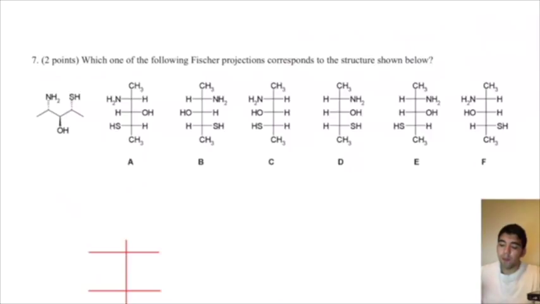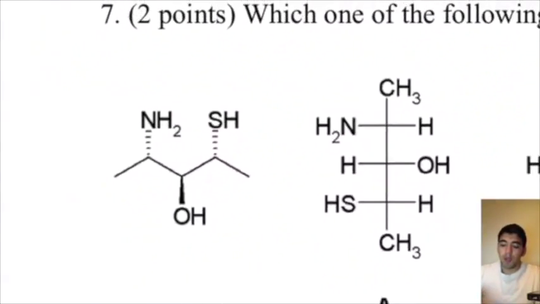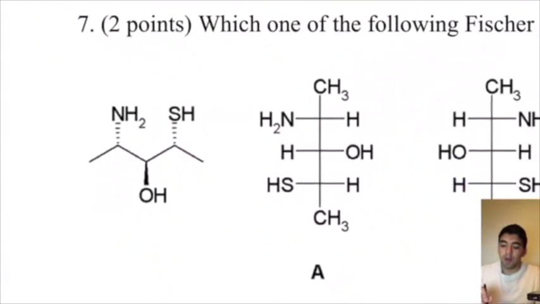Okay, so the first way, we'll just assign priorities on each of these chiral centers. We have 3 that are attached to 4 different things, and we prioritize based on atomic number or molecular weight.